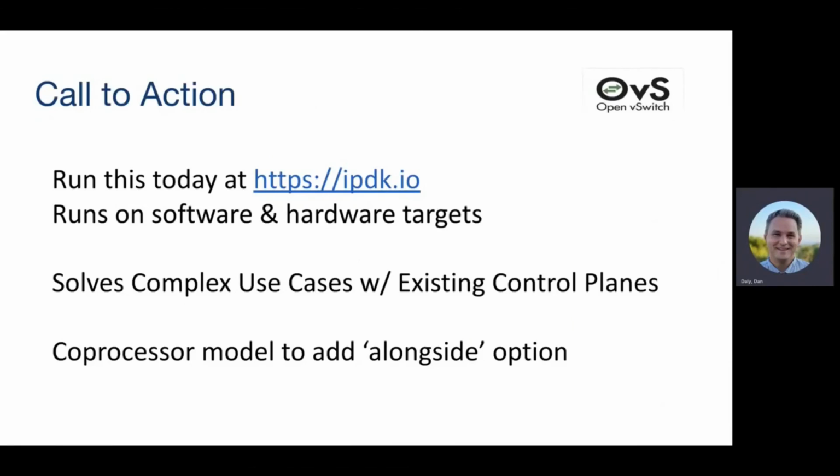I need OVS, or I need SONiC instead, or I want IPsec, or I want some different type of crypto. We can get to each one of these different types of usages and then combine them all together with P4. And then when we do that combination, OVS becomes just yet another control plane inside of the system.